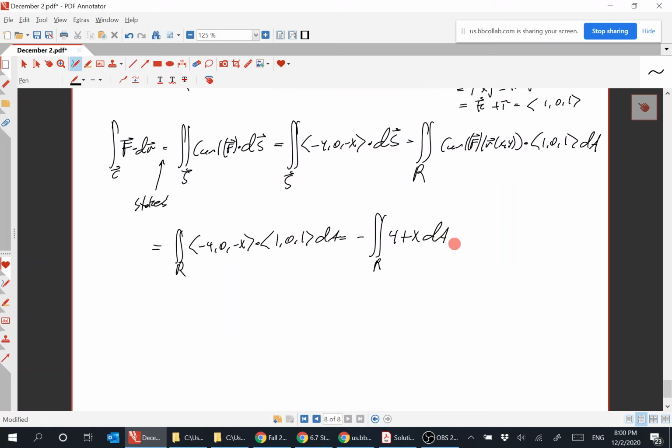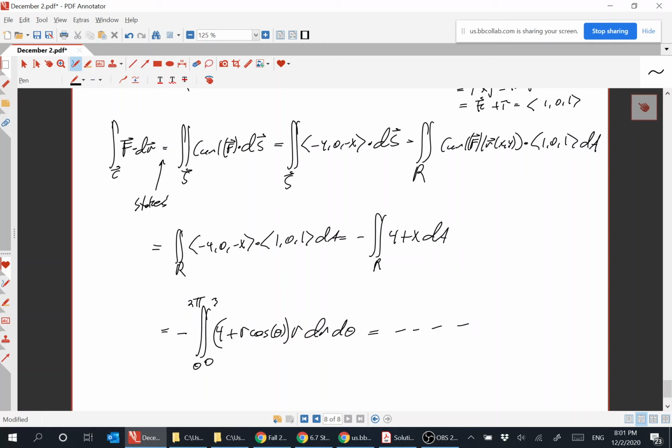And then you have to put this into polar coordinates. So r goes from 0 to 3, theta goes from 0 to 2 pi. This is 4 plus r cosine theta, r dr d theta, which is equal to something.